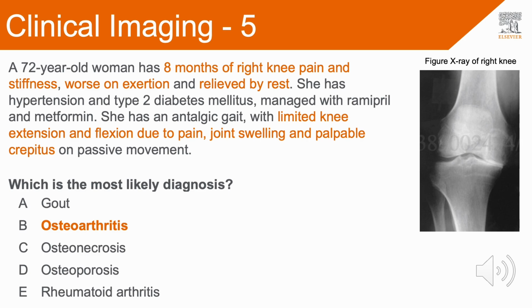Clinical features in keeping with this diagnosis include gait antalgia, limited knee extension and flexion due to pain, joint swelling and palpable crepitus on passive movement. The X-ray findings are in keeping with the diagnosis of osteoarthritis, with a loss of the joint space, subchondral sclerosis and cysts and osteophyte formation.